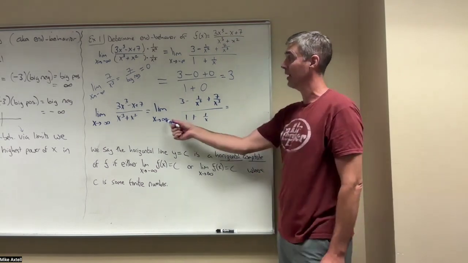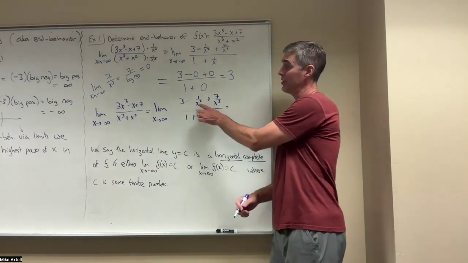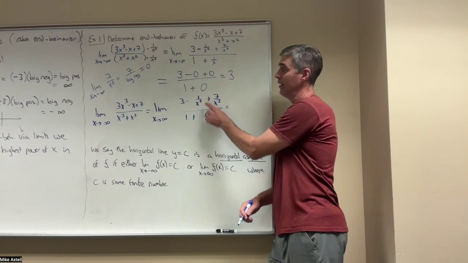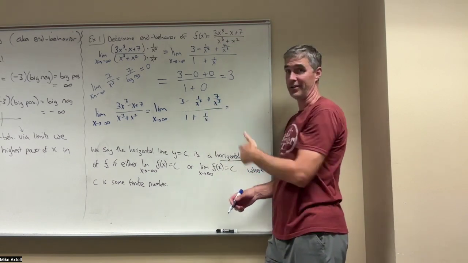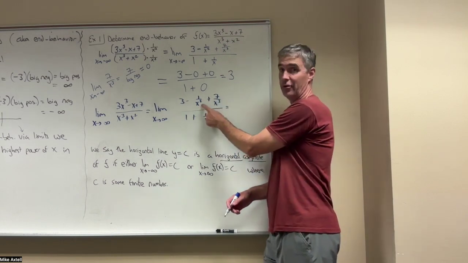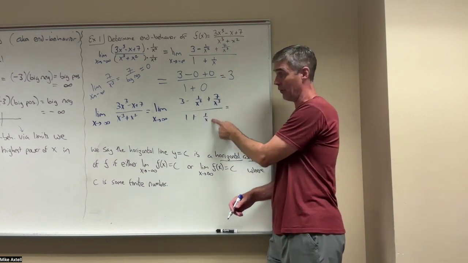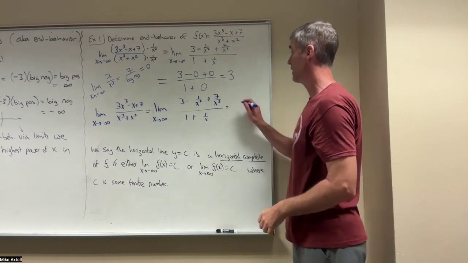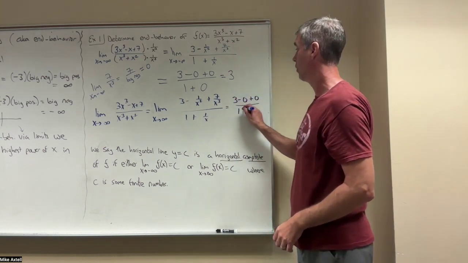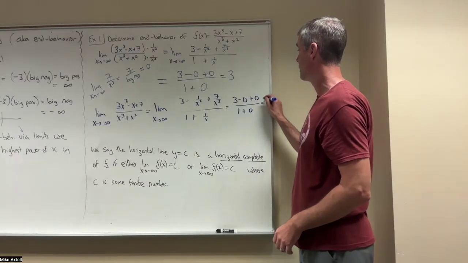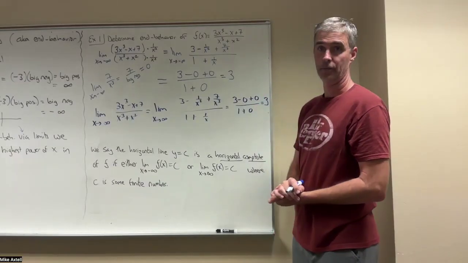Okay, now if I plug in big positive numbers, I'm still getting enormous denominators and small numbers divided by enormous denominators, like 7 over the infinite is 0. 1 over huge positive, it's 0. So this is again 3 minus 0 plus 0 all over 1 plus 0. So that's just 3 as well.